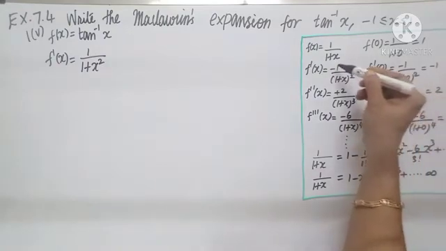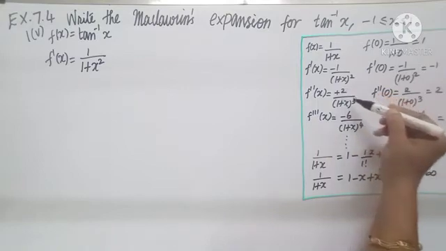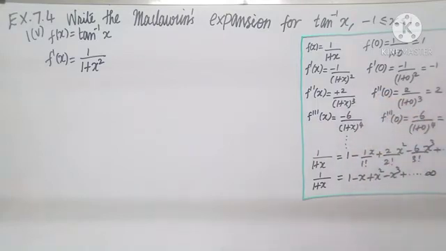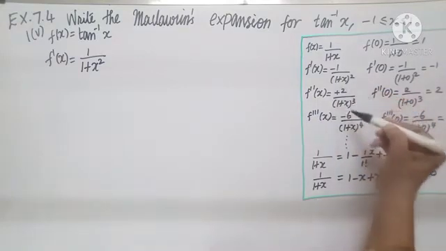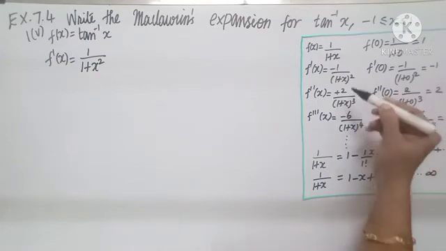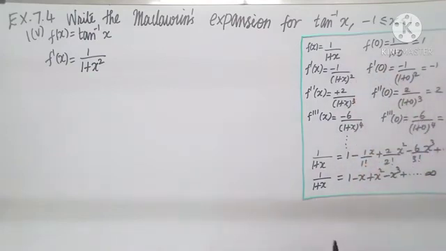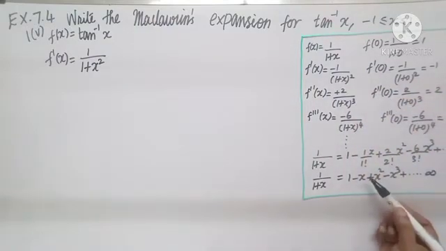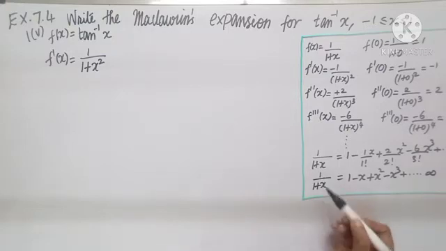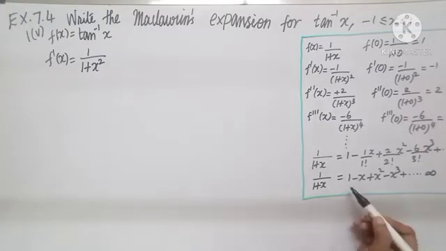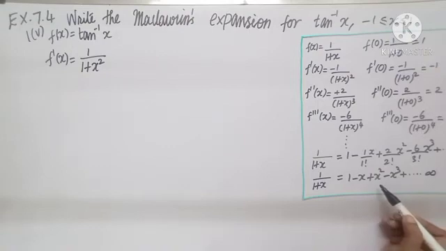Cross multiply. 1 2s are 2. 2 3s are 6. Like that it will go. Putting x value 0, all the denominators give me 1. So all the numerators will be my answer. Putting them in Maclaurin series, we get 1 by 1 plus x is 1 minus x plus x square minus x cube and so on.